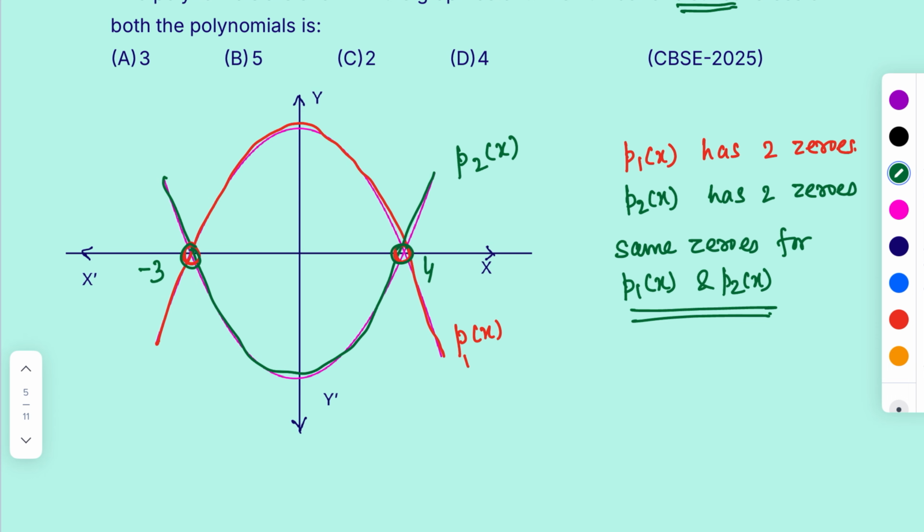Then p1 has zeros minus 3 and 4, and p2(x) also has the zeros minus 3 and 4. So there are no additional distinct zeros. The zeros are only minus 3 and 4. You cannot write it 2 times. So the number of distinct zeros of both the polynomials is 2.